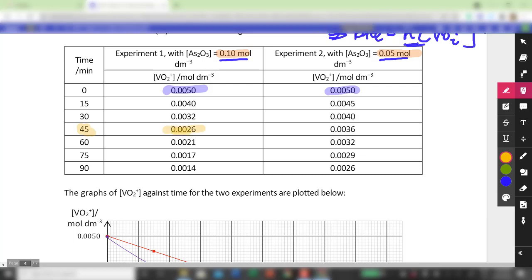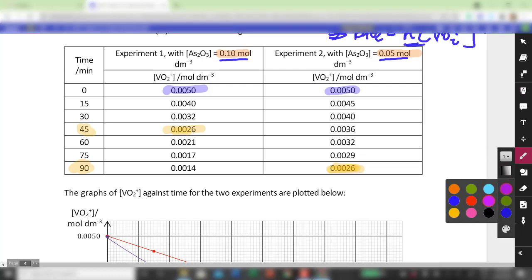But to reach 0.0026 for experiment 2, I need 90 minutes. So I need double the time. Because I need double the time, and the concentration of As2O3 is half, I expect the order of reaction with respect to As2O3 is 1. So some of the students actually used this as a form of argument.